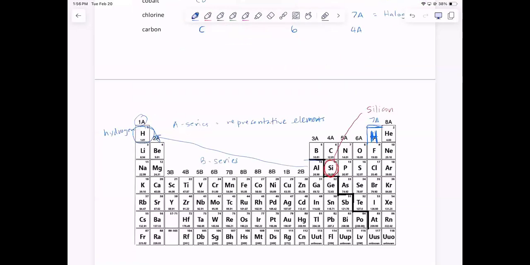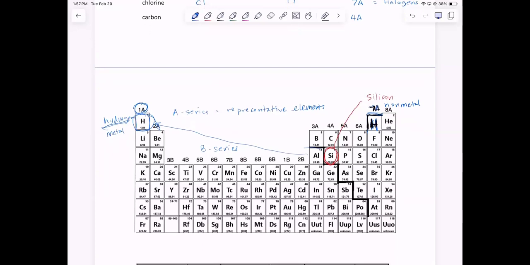Hydrogen can act like a metal when it's a box in family 1A, which it is. But I also added this box here, where hydrogen can be a box right above fluorine and act like a nonmetal and be placed in family 7A. So hydrogen is a very rare atom where it can be in 2 places on the periodic table.